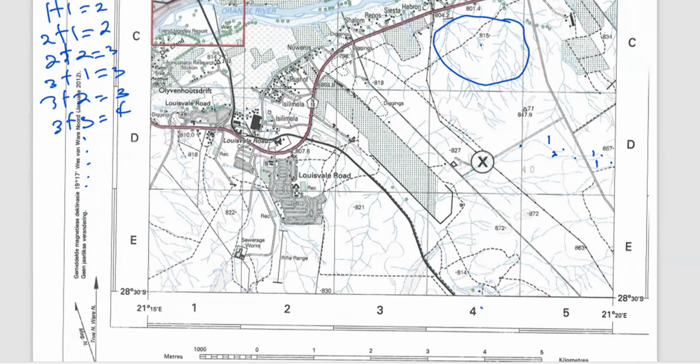For drainage density, we are looking at the total number of streams in the basin, or the total length. If we check here, there are many streams, meaning there is a high density here, and a lower density there. So the higher density is in block C4, while D4 has lesser density.